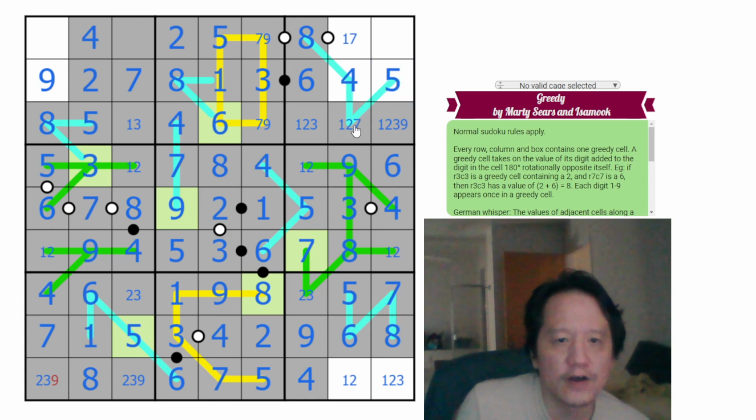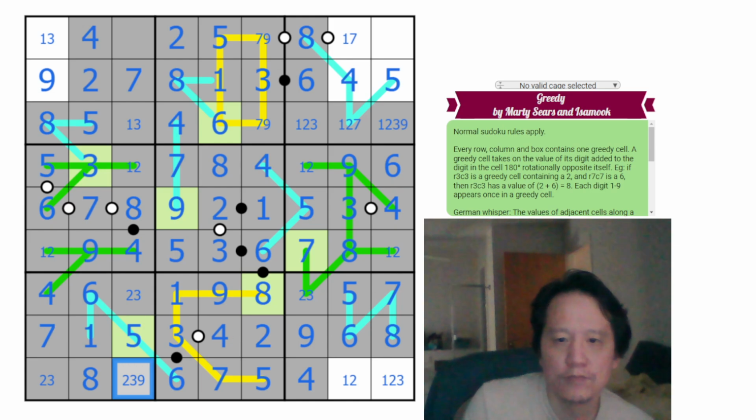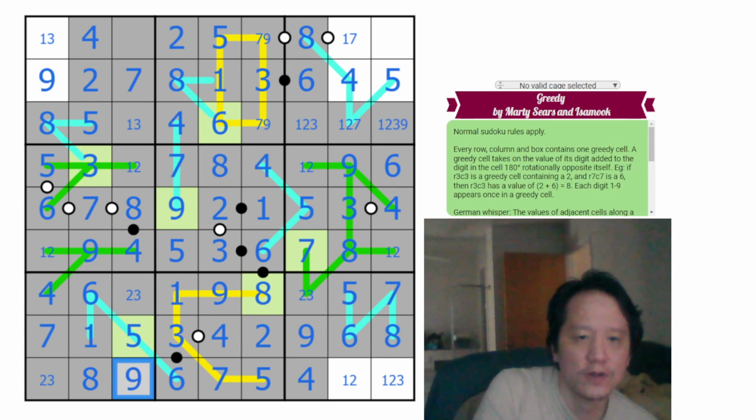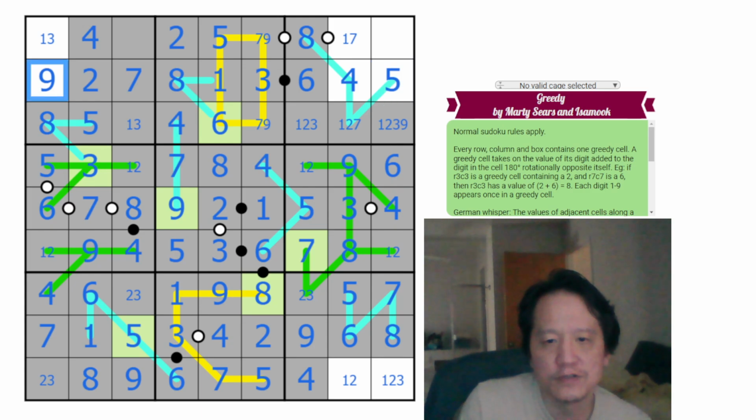So say the 5 was greedy, that would have to be 12. Okay, so this is 9. The 9 cannot be greedy. Therefore, this is not greedy. Therefore, this is the greedy one.